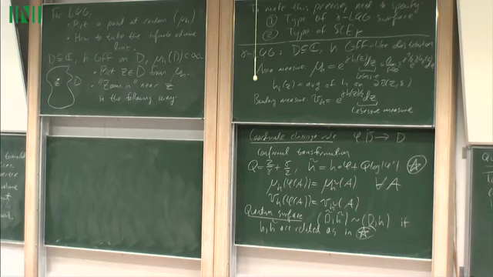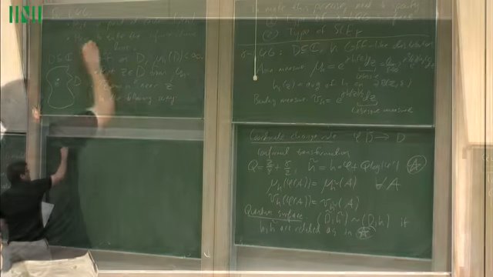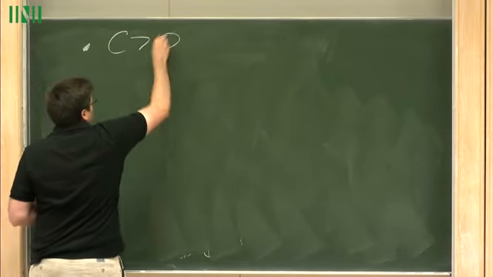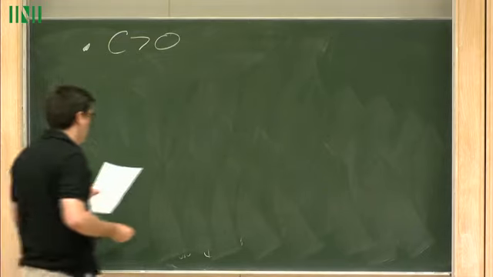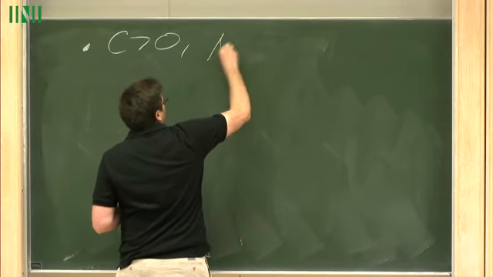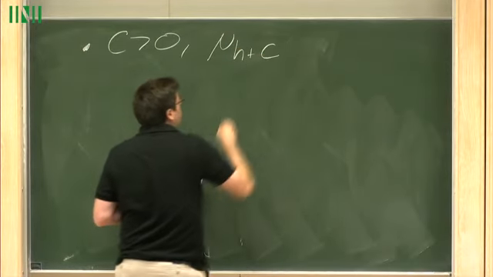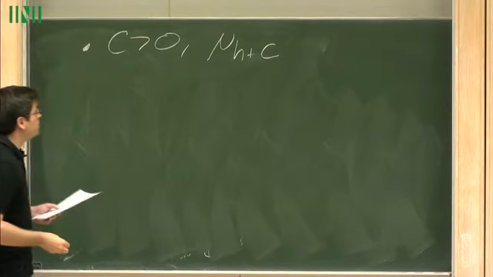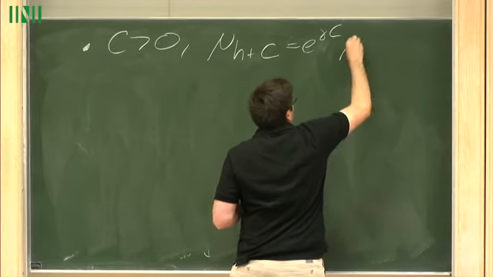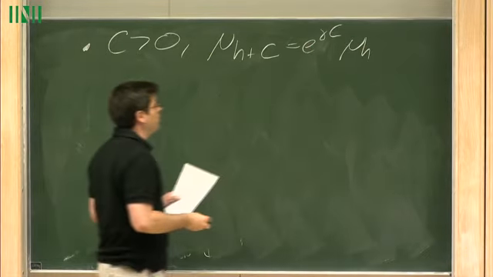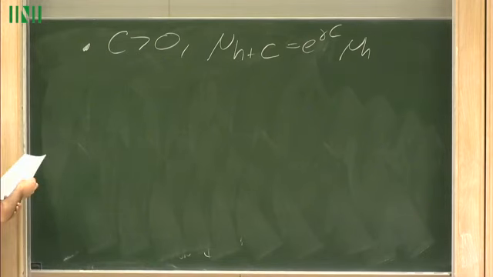And the point is that if you have a constant c, so if c is some positive constant, actually it could be any real constant, and you take your field and add the constant c to it, then this is just going to become e to the gamma c times your measure associated with the original field. Okay?